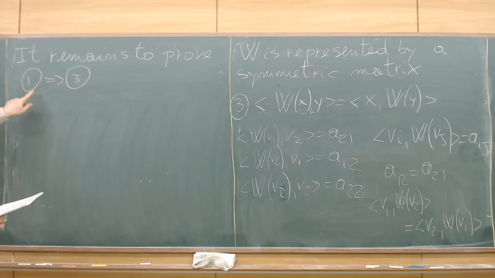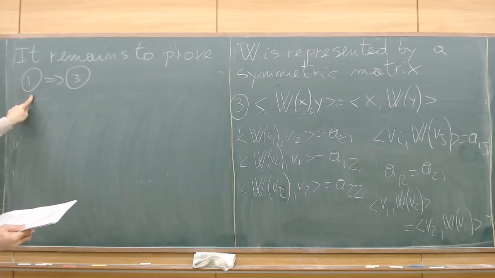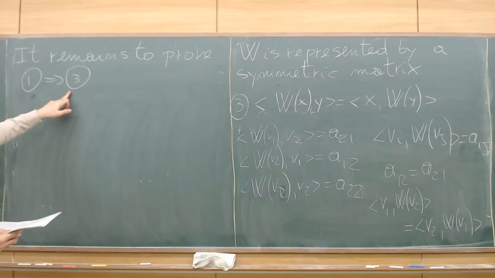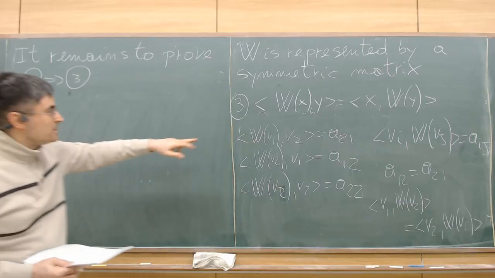So 1 says that the matrix which represents W is symmetric if we use a specific orthonormal basis, and 3 is this identity.